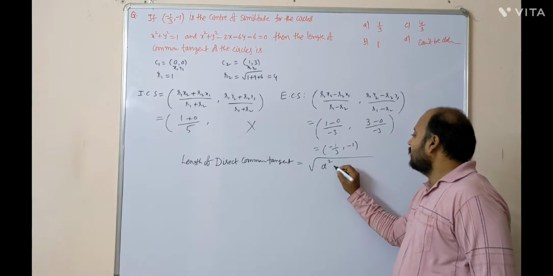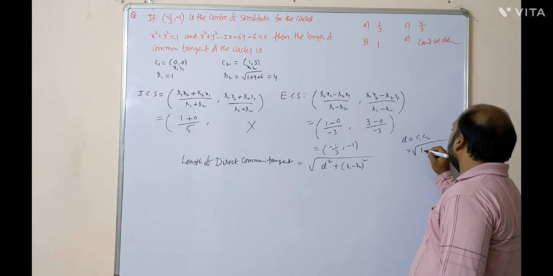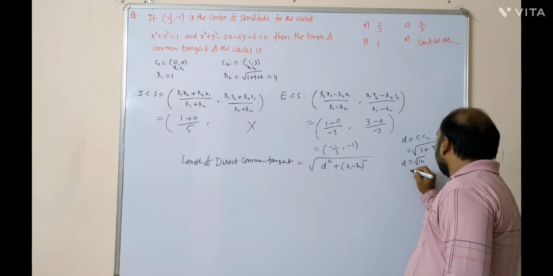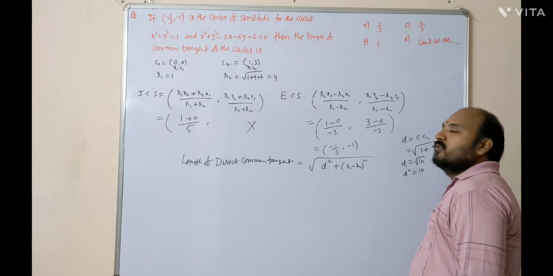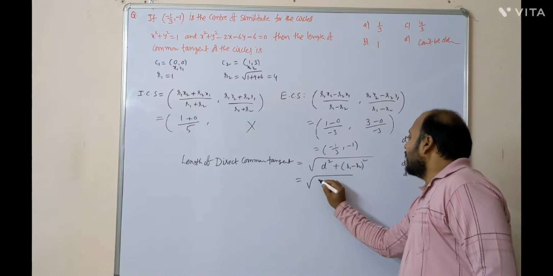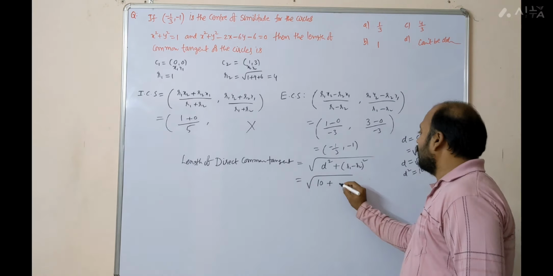First, what is d? d is the distance between their centers: root over (1 - 0) whole square, 1, plus root 3 whole square, 9, so root 10. So d² is equal to 10 only. Next, R1 - R2, 1 - 4.